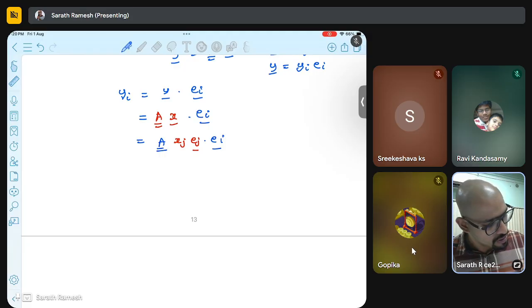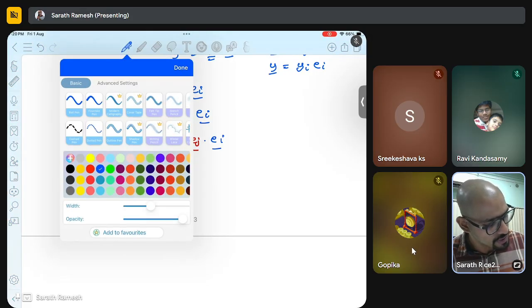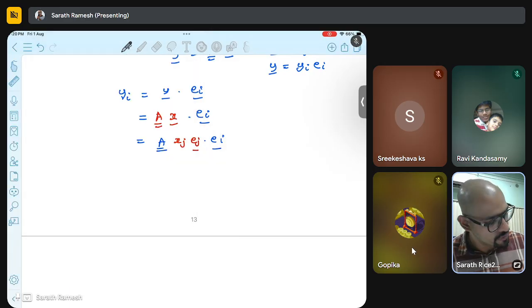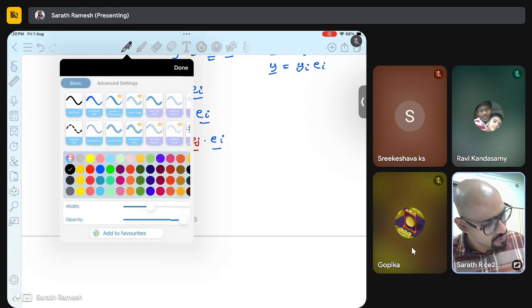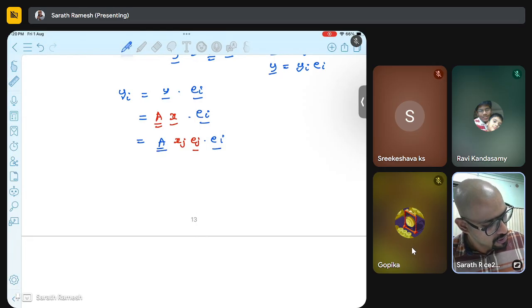There is a definition of transpose. So this is equal to x_j A e_j dotted with e_i, since x_j is a scalar and we can put it in front. So this is equal to x_j times A_ij. Why are we doing this?